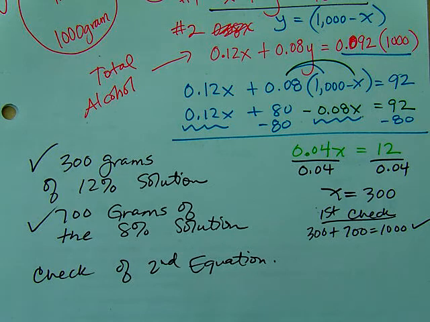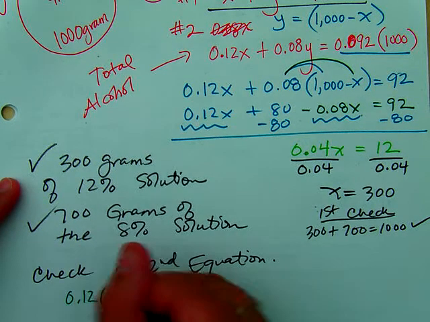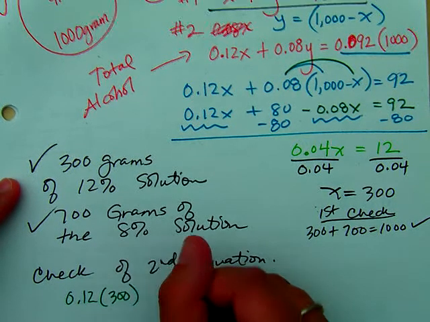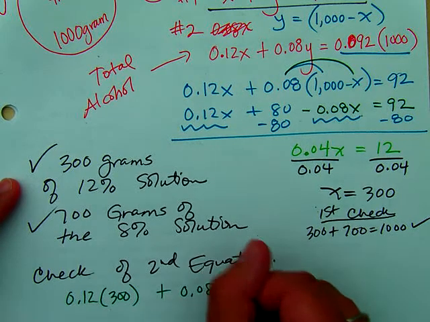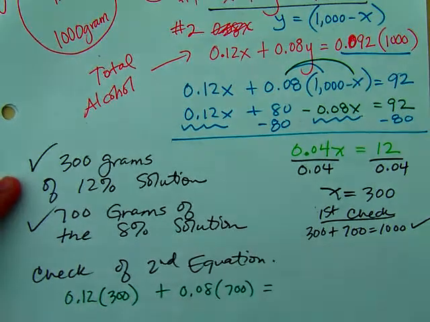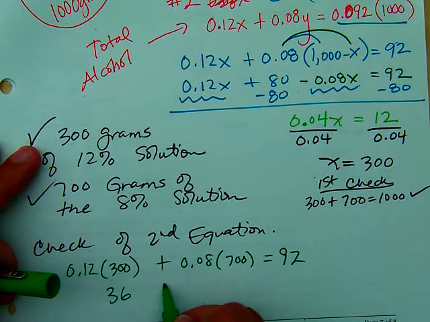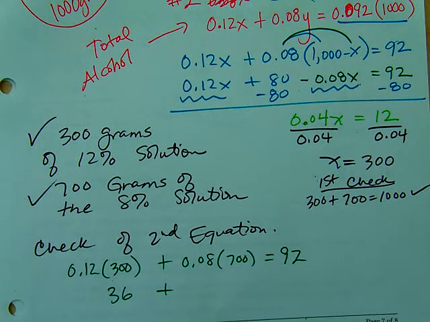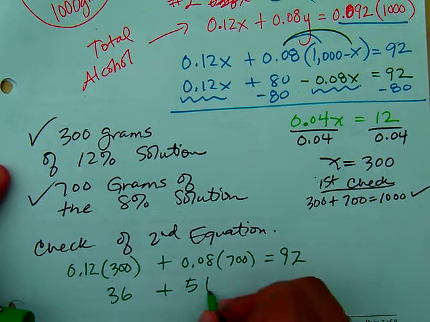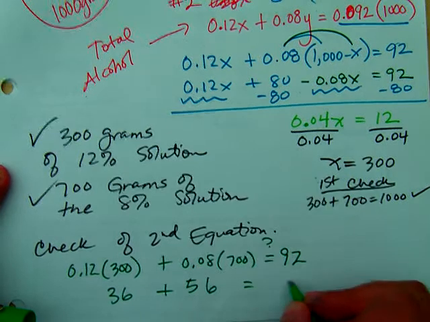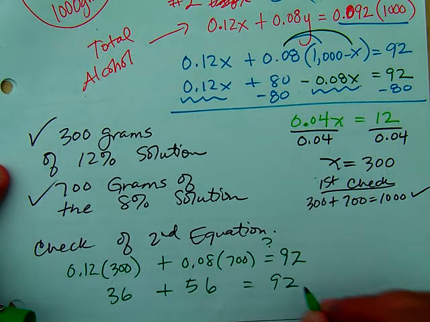I have to take 12% of 300, and I have to take 8% of 700, and I have to see, does it give me 92? And does everybody know where we got that 92 from? So 300 times 0.12, 12%, that's 36. 700 times 0.08 equals 56. And is 56 plus 36 equal to 92?